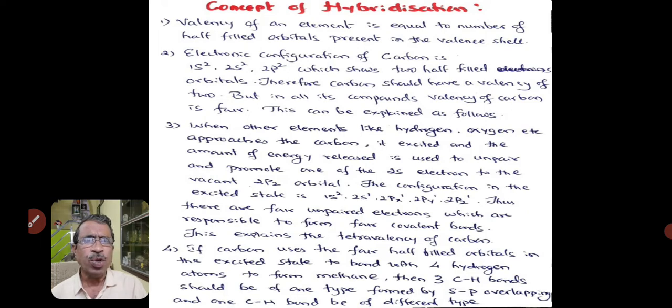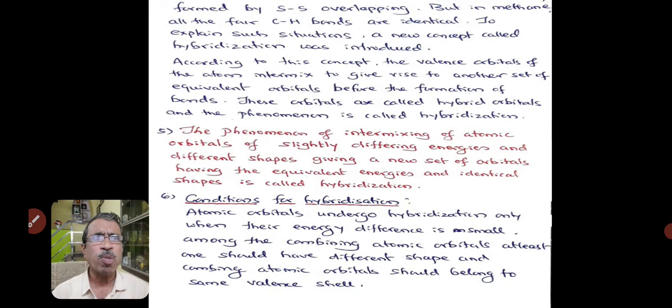If carbon uses the 4 half-filled orbitals in the excited state to bond with 4 hydrogen atoms to form methane, then 3 C-H bonds should be of one type because these are formed by sp overlapping, and 1 C-H bond should be of a different type because it is formed by ss overlapping.